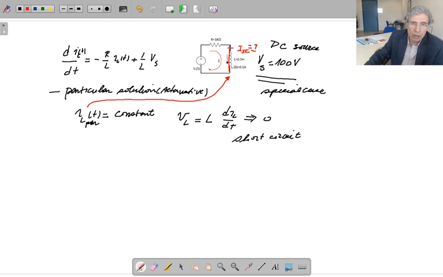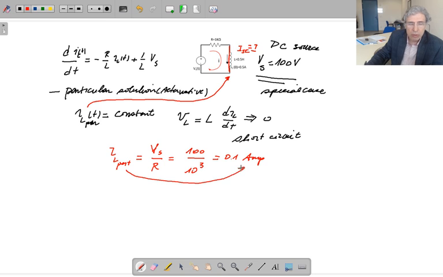So IL particular equals Vs over R, equal to 100 over 10 to the power 3, that is 1K, which gives us 0.1 amp. That's our particular solution.